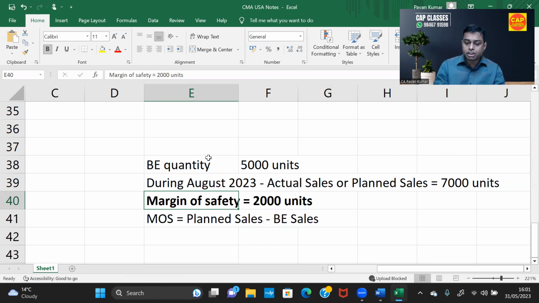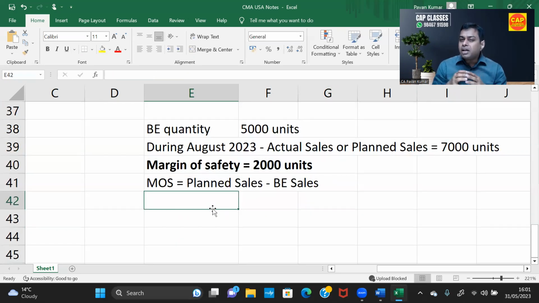Now, in this situation, your accountant or your store supervisor came to you running, and said, sir, number of units sold decreased by 100 units. You will say, okay, still I am safe. Why? My margin of safety is 2,000, no? So if the number of units sold reduces by 100, I'm still fine.